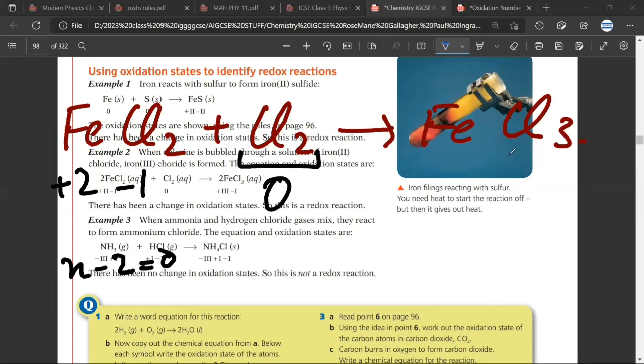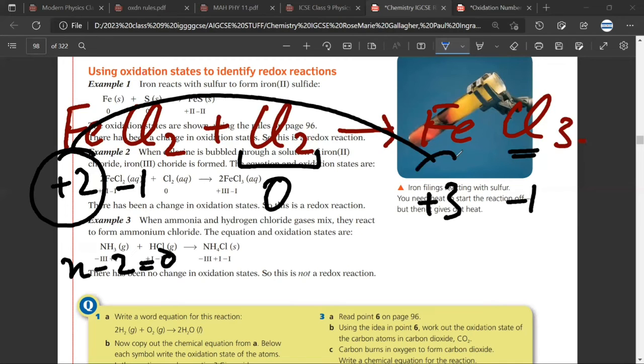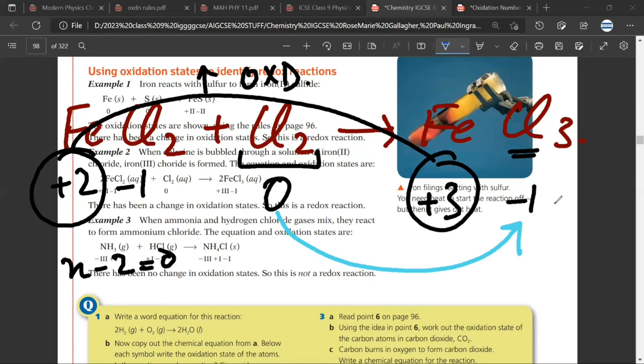Now when I look at FeCl3, again Cl has to take -1, so iron would be +3. Is it making sense, Chris? Yes, sir. Now if I look at iron, it has gone from +2 to +3. Its oxidation number has increased, therefore it has undergone oxidation. If I look at chlorine, its oxidation number has gone from 0 to -1. Its oxidation state has decreased, therefore it has undergone reduction. Chris, any doubt? No, sir.